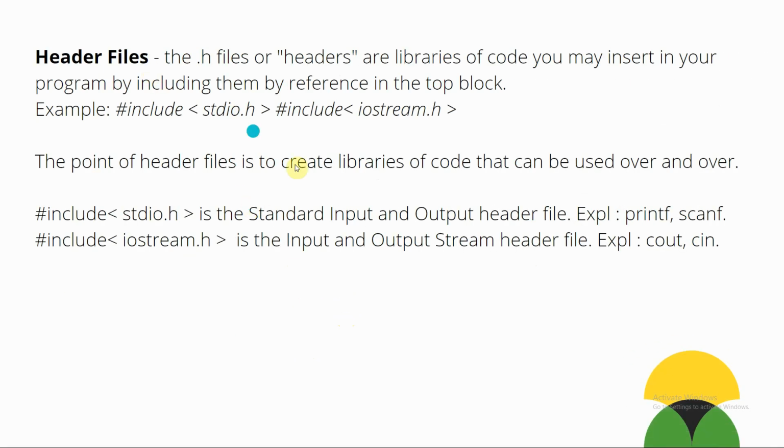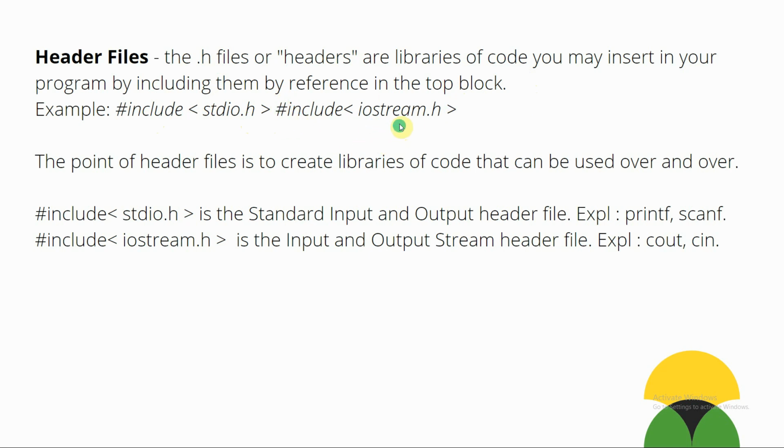So for the header files as included earlier, the .h files or headers are libraries of code that you may insert in your program, including them by reference in the top block. In this example, hashtag include, and then stdio.h, also add include iostream.h.